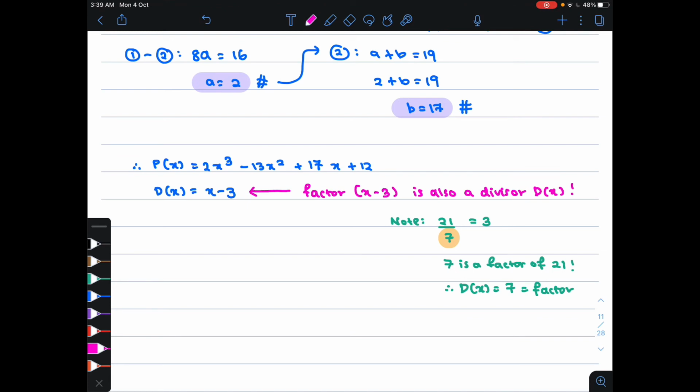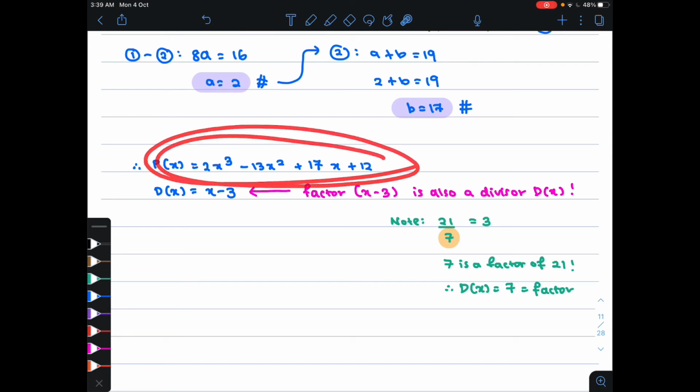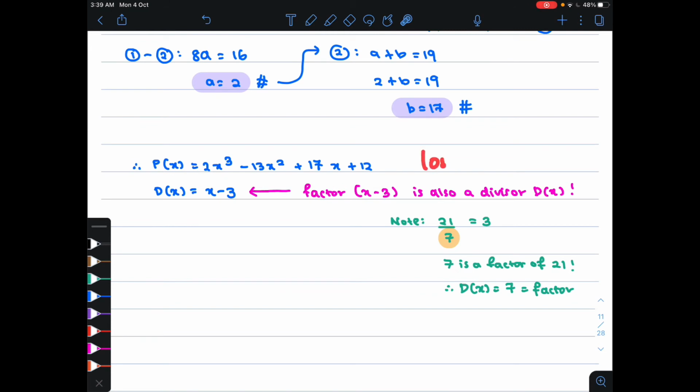And we already know from the question that we have a factor which is x minus 3. So, we can let x minus 3 to become d(x). So, since we need to factorize p(x) completely, this means that we need to use long division.